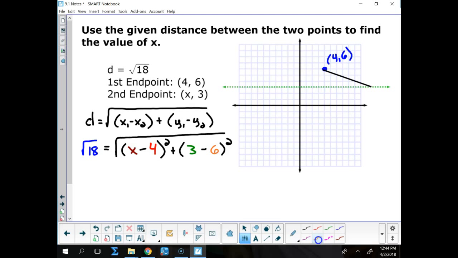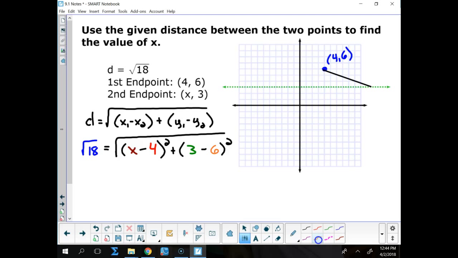Now, how are we going to solve this one? Let's think math. Even before I can get the x alone, even before I can do anything, what should I do? You've got a radical equals a radical.